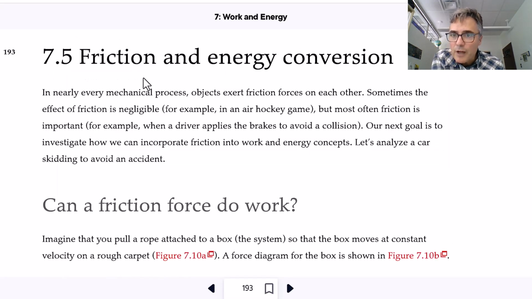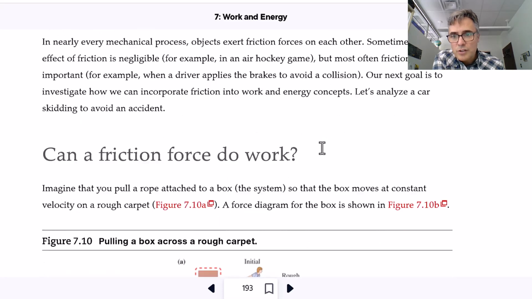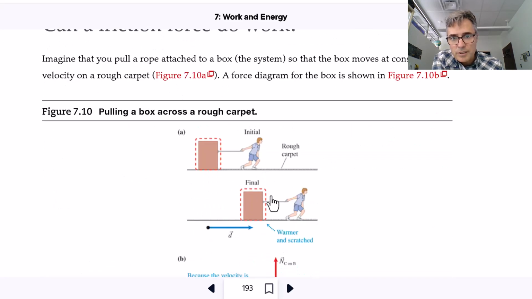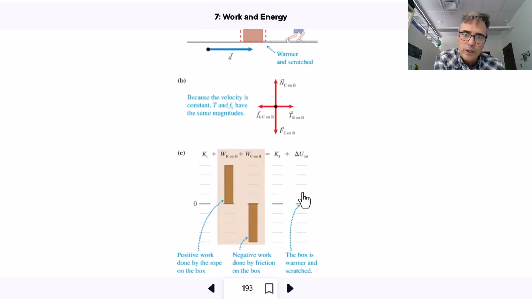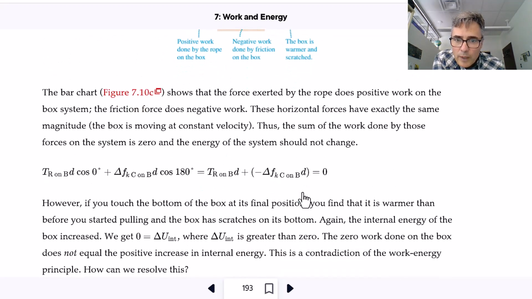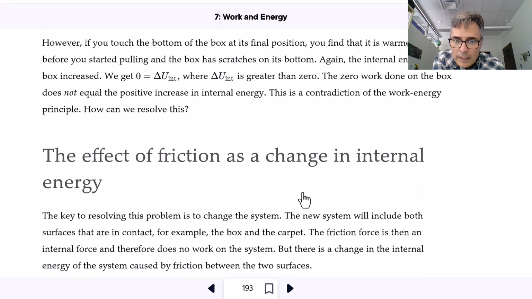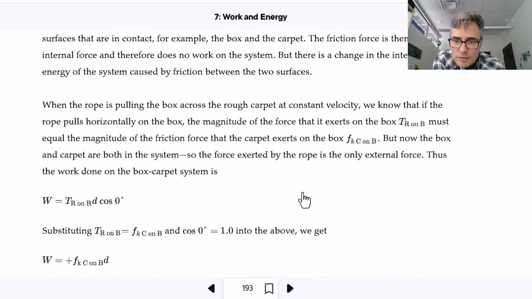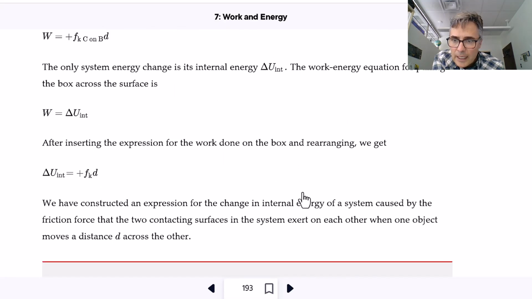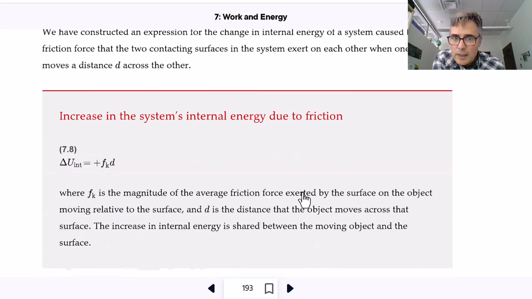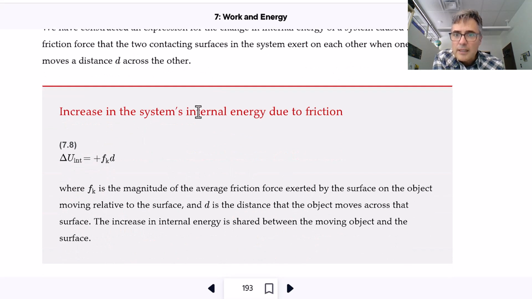Section 7.5 is called friction and energy conservation. So friction is a force which does work, and if you're dragging an object along, it tends to do negative work. But the way this all gets put into the equations for energy conservation is that there's a new type of energy called the system's internal energy.